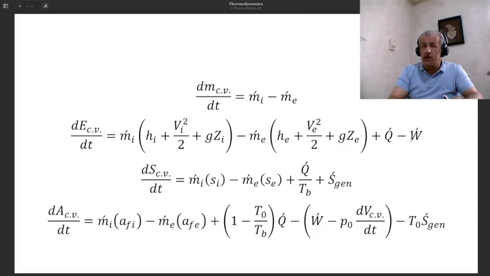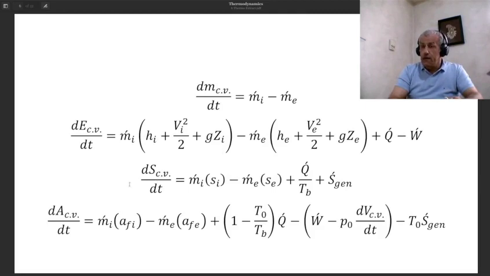Heat transfer and work can also change energy. They don't include mass. You don't need to transfer mass to be able to transfer heat, but still, you can transfer heat and you can do work independent from the mass that goes into the control volume or goes out. They are different things.